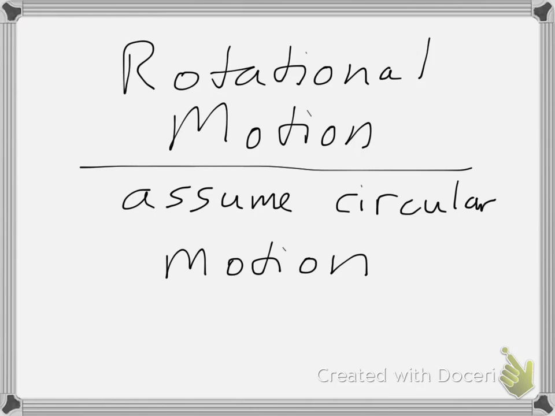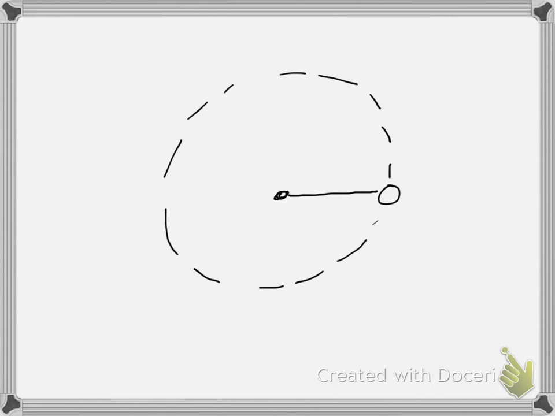So a few chapters ago, we looked at the example of a tennis ball tied to a string, and its path traces out a circle here. And the motion that we're going to consider is exactly this.